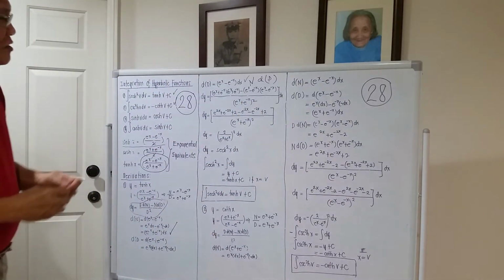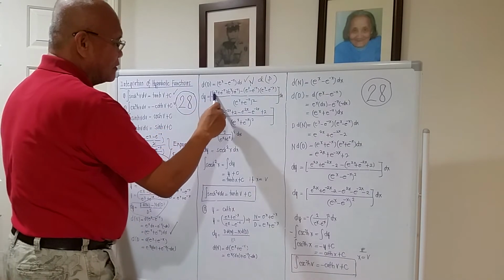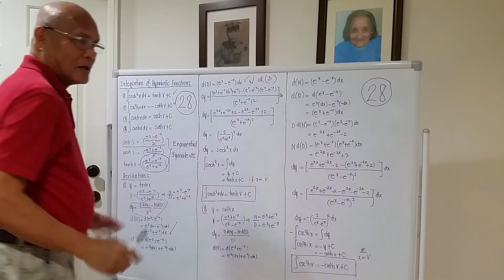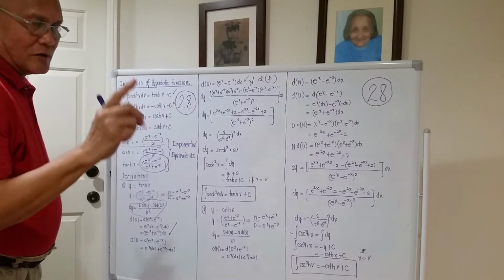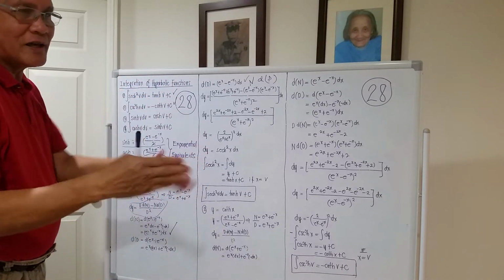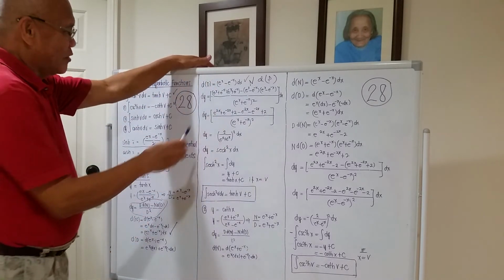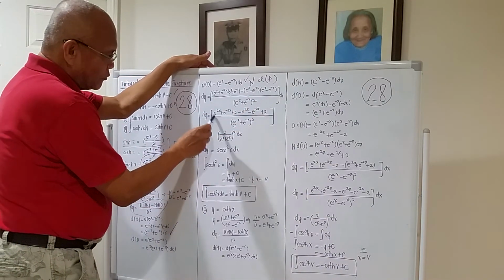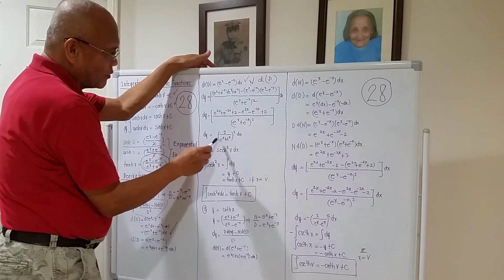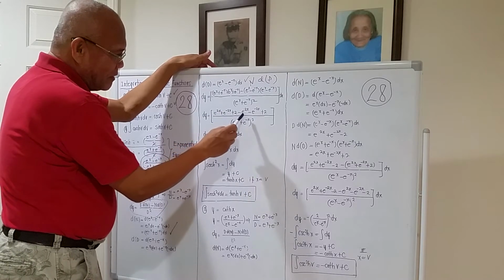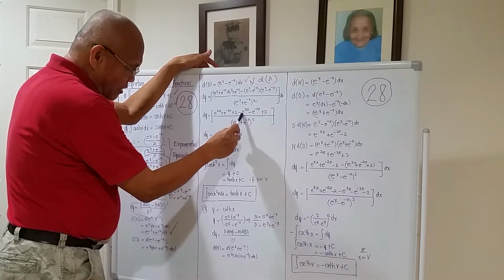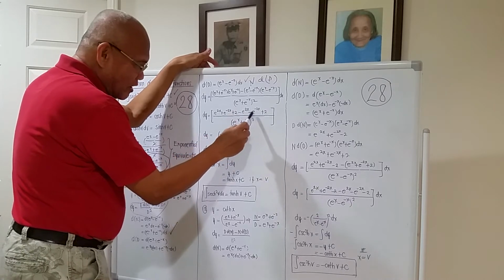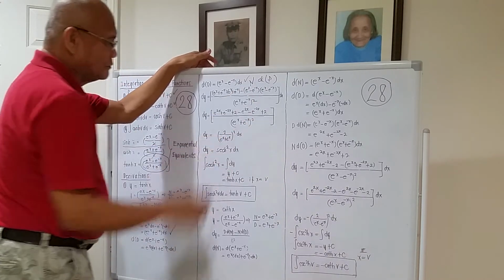So if we try to expand the numerator, just be very careful, because with one wrong sign we cannot derive the formula. I did it myself already. It is e to the 2x plus e to the minus 2x plus 2, minus 2 minus e to the 2x minus e to the minus 2x plus 2.